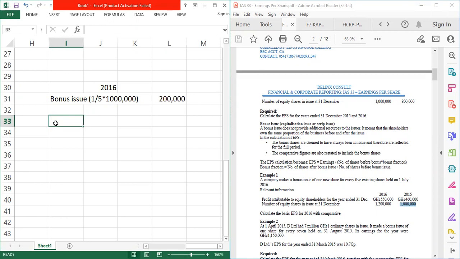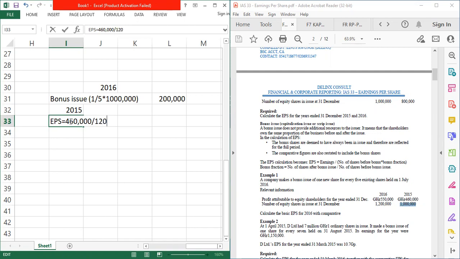Let's count to the earnings per share for each year now. 2015 will be how much? The earnings for 2015 is how much? 460,000 divided by 1.2, because we assume that the bonus issue has been there in 2015 and 2014.